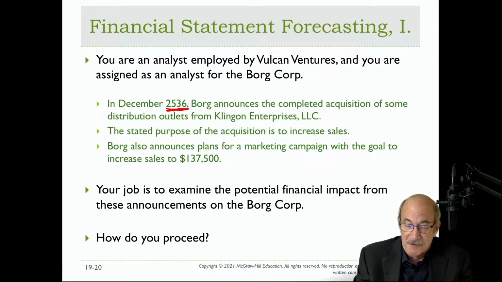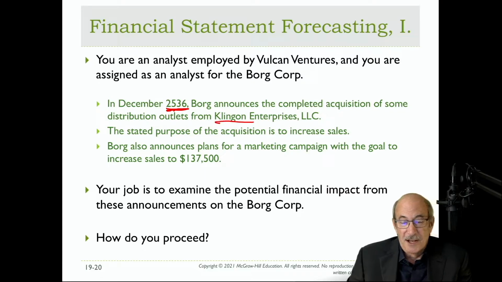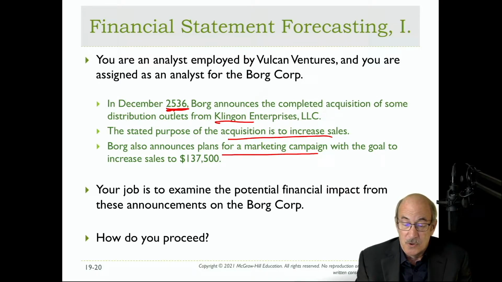So they're having fun with the names. The stated purpose of the acquisition is to increase sales. Borg also announces plans for a marketing campaign with the goal of increasing sales to 137,500, which for being in 2536 doesn't sound like a whole lot of money to me. That could be in a different currency, though.